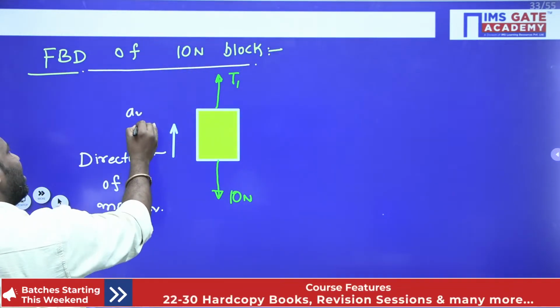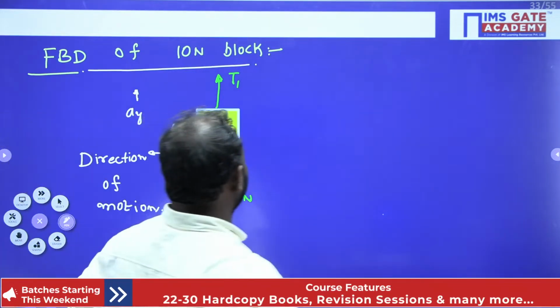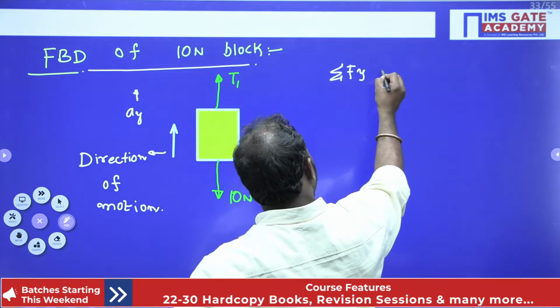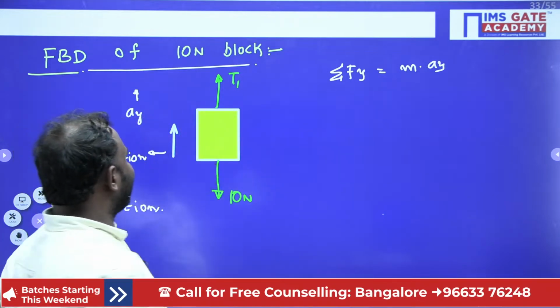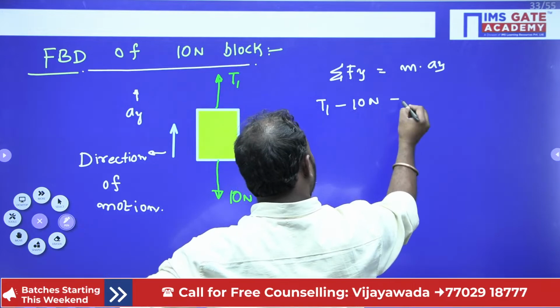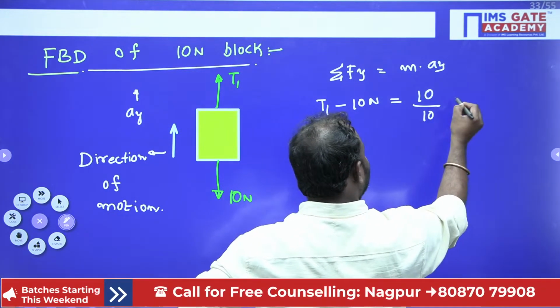Now here it is your Ay in the direction of motion, right? Now let's write the equation. Sigma Fy is equal to m into Ay, right? From there I can write T1 minus 10 newtons is equal to mass, which is 10 by g, into Ay.